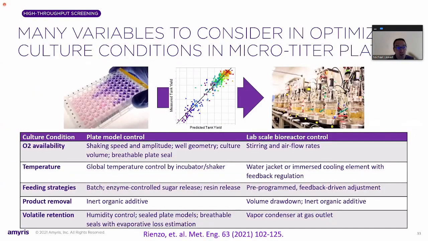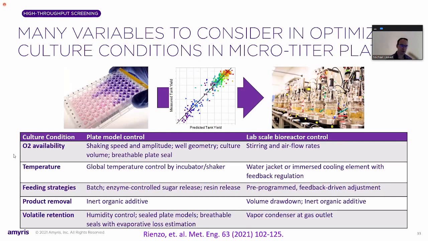Now, of course, this is only one part of the challenge in high throughput screening. As I mentioned, we're often culturing in 96 well plates, and what we're trying to do is find the best way to optimize that culture to best represent what we can do in these highly controlled bioreactors.